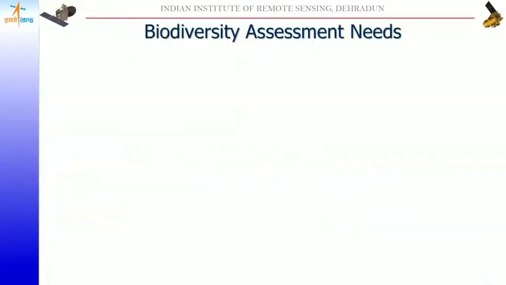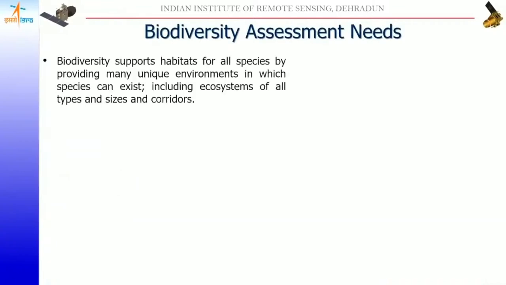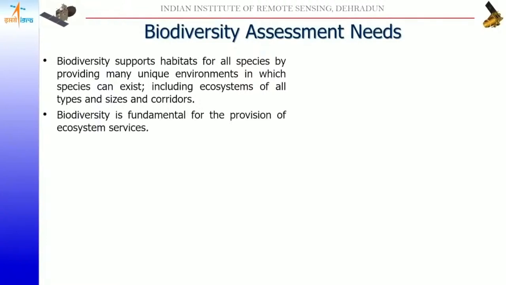So why the need of biodiversity assessment? Because biodiversity supports the habitats for all the species by creating different kinds of environments in which the species can exist. So in any kind of association, it makes different kinds of environments, resulting in different kinds of ecosystems of different sizes, as well as corridors for the dispersal and movement of the species.